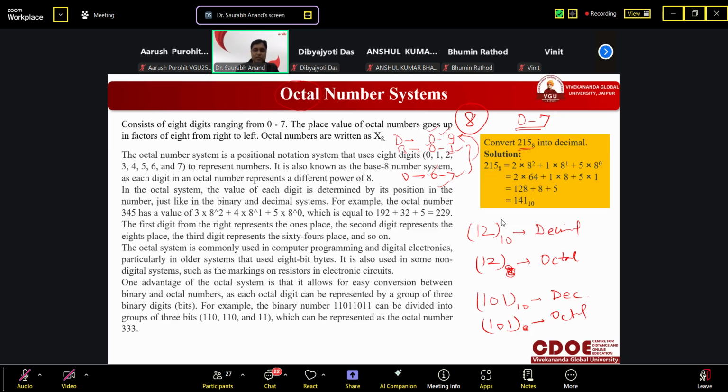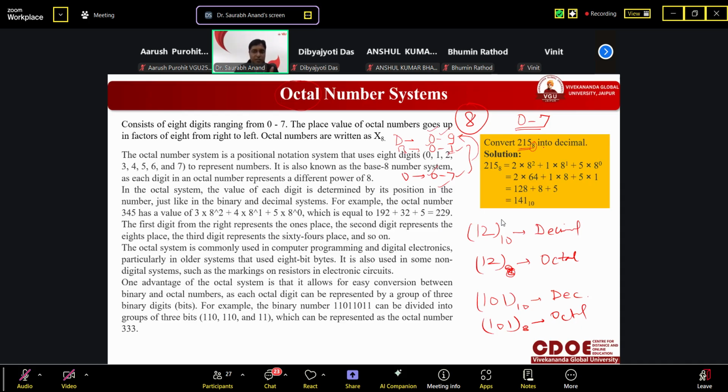This number, with the subscript 8, shows that it is octal, so it is 215 in base 8. We want to convert it into decimal. What we did in the last two topics, decimal and binary, is multiply the digits by the base raised to a power. There it was 10, so we multiplied by 10.